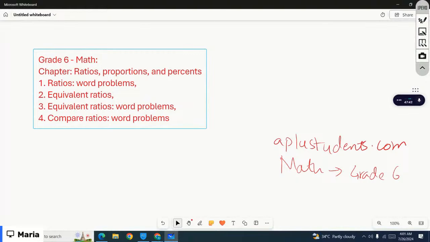The lessons we're going to cover today are ratios word problems, equivalent ratios, equivalent ratios word problems and compare ratios word problems.